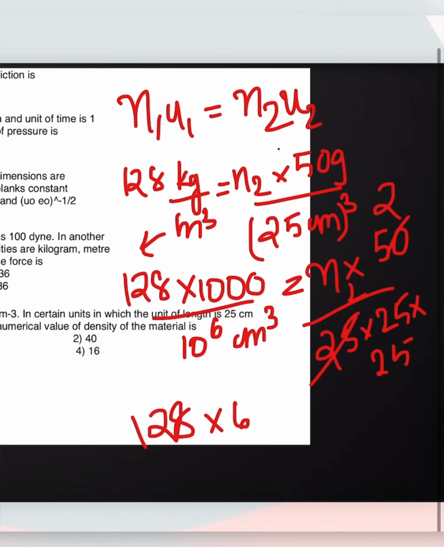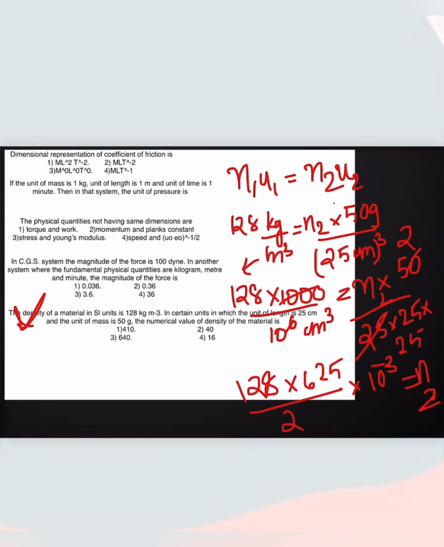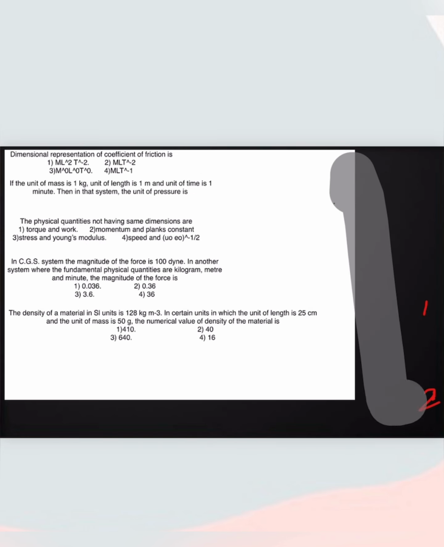So 128 into 625 divided by 2 into 10 raised to 3 minus 3 will be n2. So 128 divided by 2 into 625 into 10 raised to 3 will be n2. Okay. You have to solve the equation.